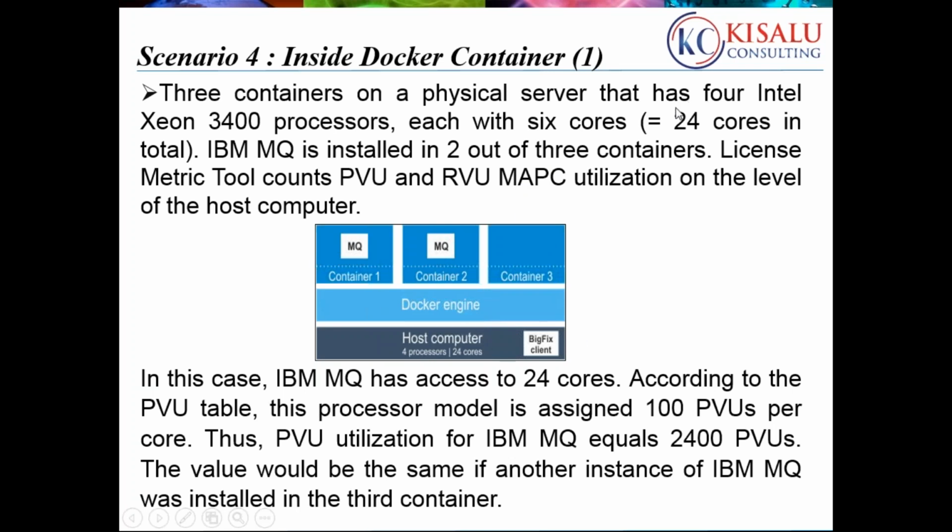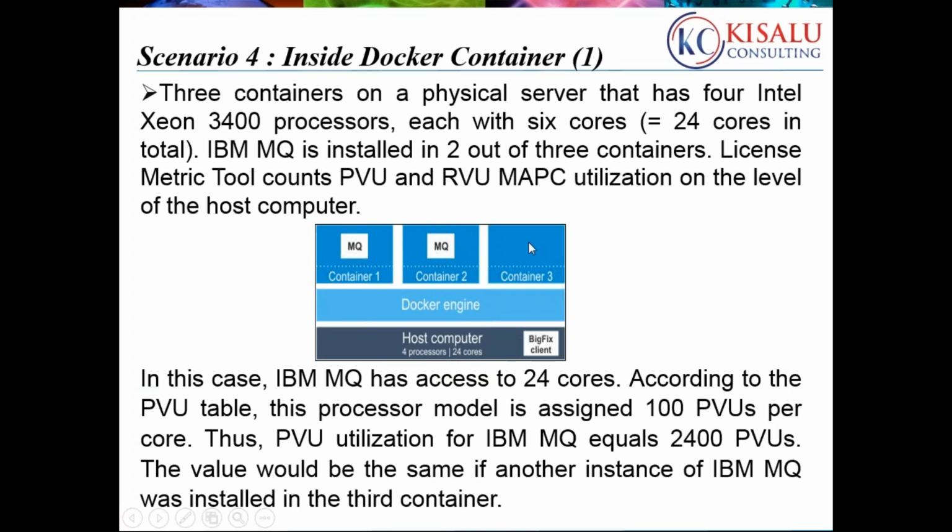So we have a 4 processor Intel machine, with, no, each has 6 cores. So we have 4 processors, 6 cores each, and 24 cores in total. Sorry about that. And we have MQ installed because they created a Docker environment.